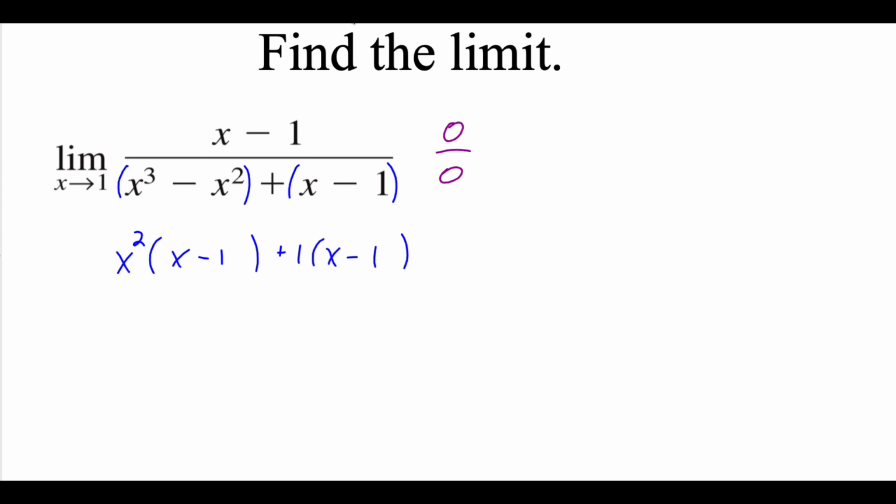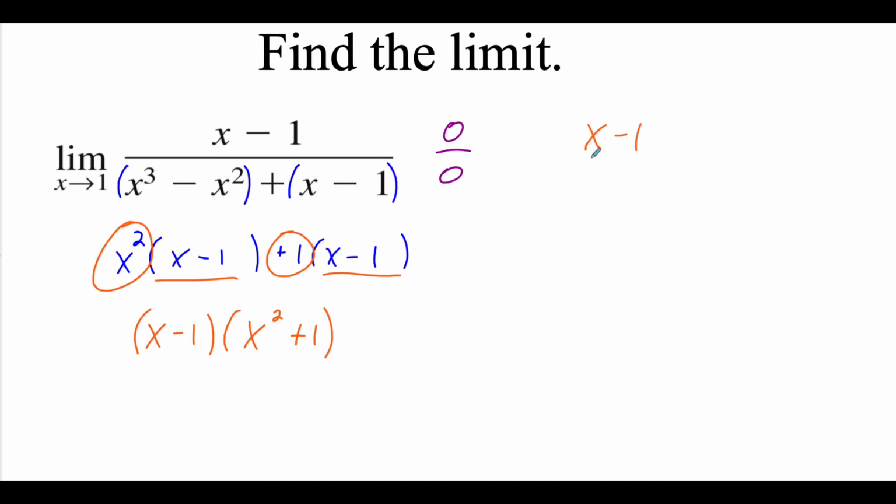When we're doing grouping, the like factors become one of the pieces, and then the things in front of those factors become the other piece. So factoring the denominator, we get x minus 1 and x squared plus 1. And we notice that the numerator is still x minus 1.